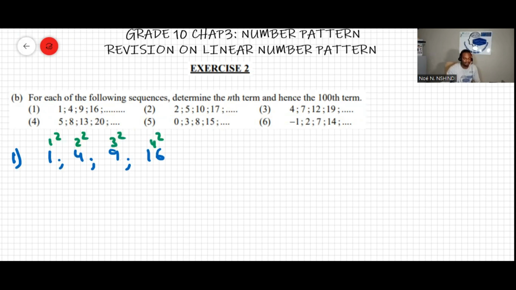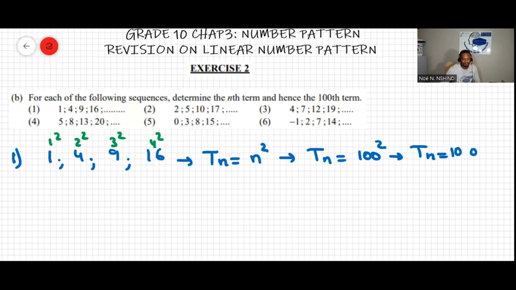So we can see here Tn will be equal to n to the power of 2. So to find the 100th term, we say 100 raised to the power of 2, which means T100 will be 10,000.